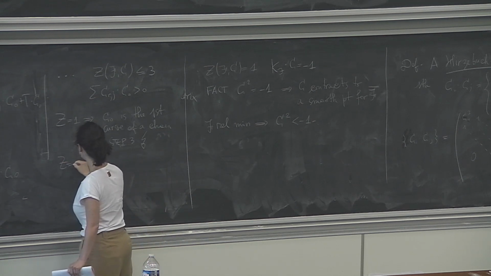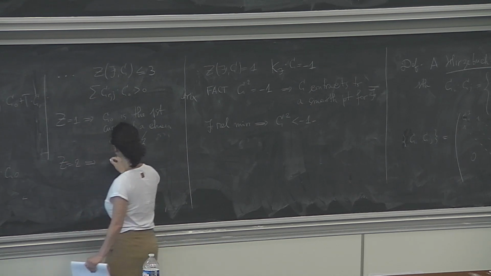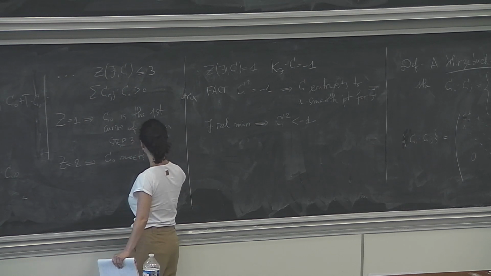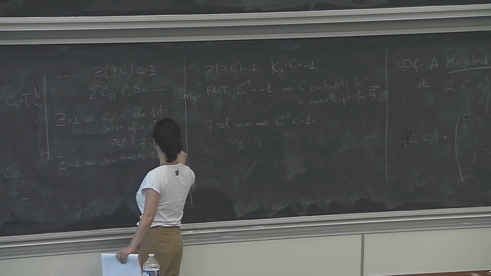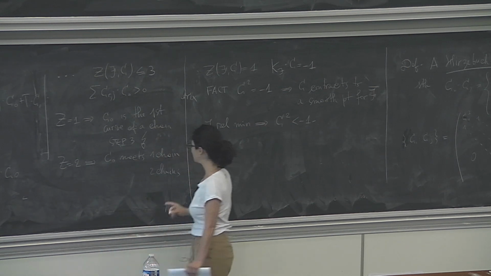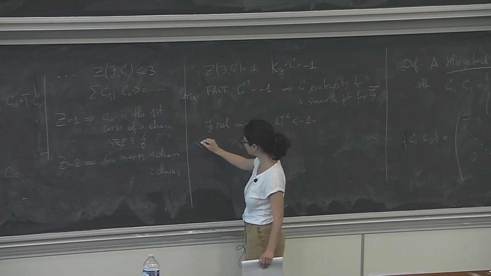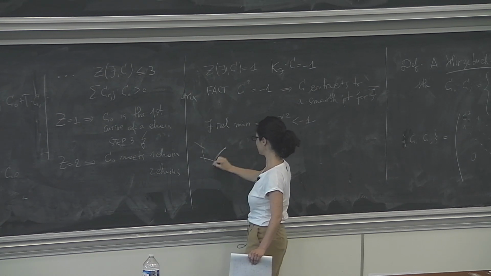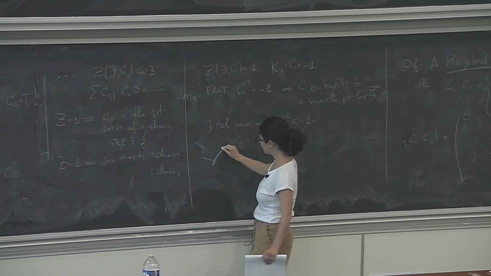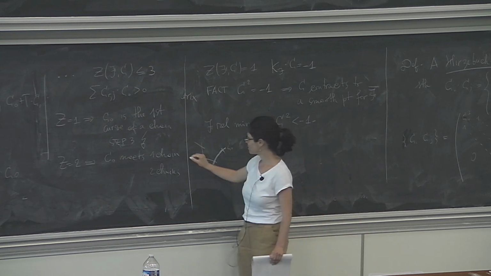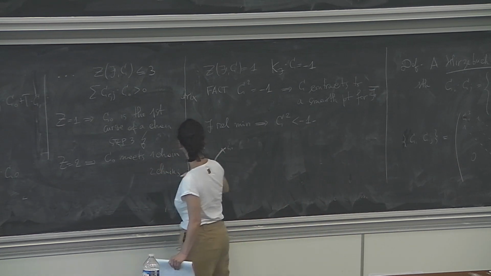If Z is 2, then C0 meets either one chain or two chains. But if it meets just one chain, it means that the chain was not maximal. So this cannot happen.